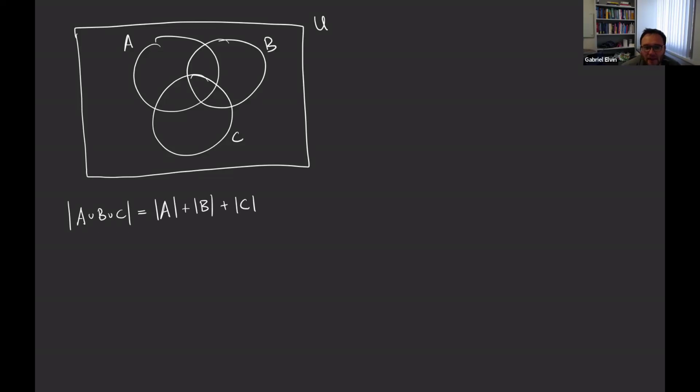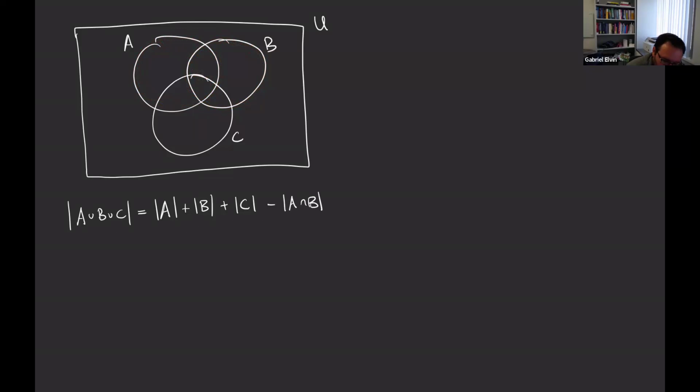So again, if we add these three, we're overcounting a lot. So first of all, when we add up all the things in A and all the things in B, we're counting this intersection twice. So just like with the old inclusion-exclusion principle, we have to subtract it off because we only want to count it once. So minus the intersection.